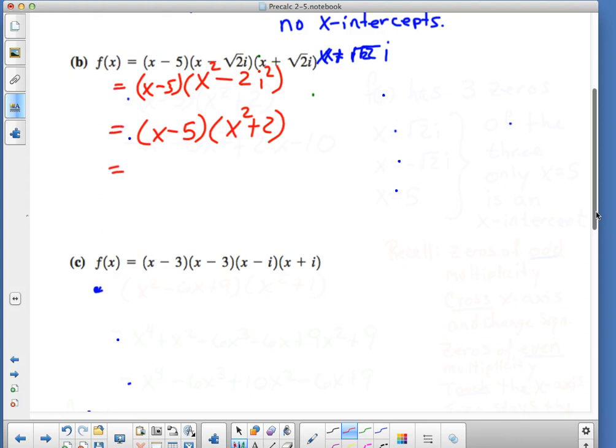I've got x times x squared is x cubed, x times 2 is 2x, negative 5 times x squared is negative 5x squared, and then negative 10. And based on that, I rearrange. But I always double check because I have a tendency to make little mistakes as I go. So now reorder.